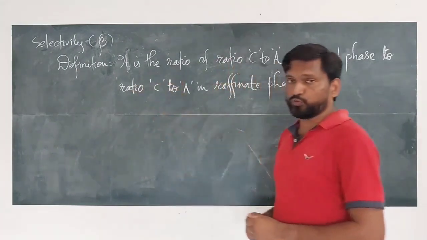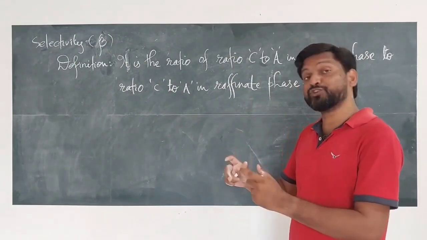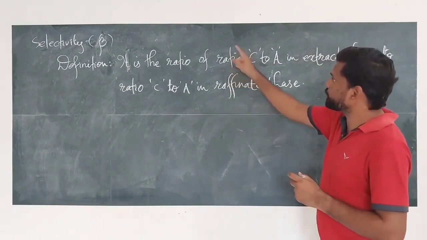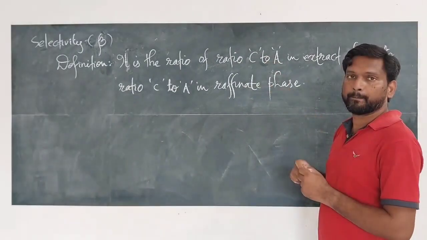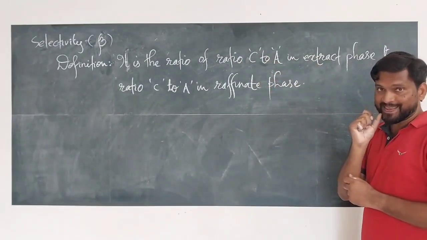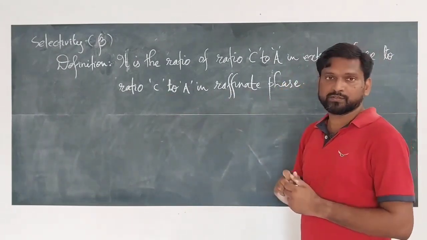It is the ratio of another ratio. It is the ratio of the ratio. Let us see this ratio first. It is the C to A ratio in the extract phase and the C to A ratio in the raffinate phase.